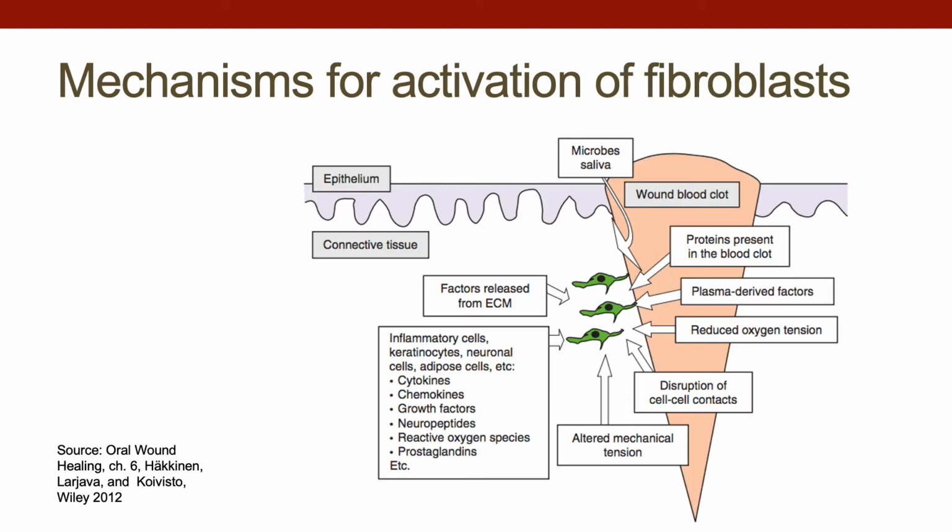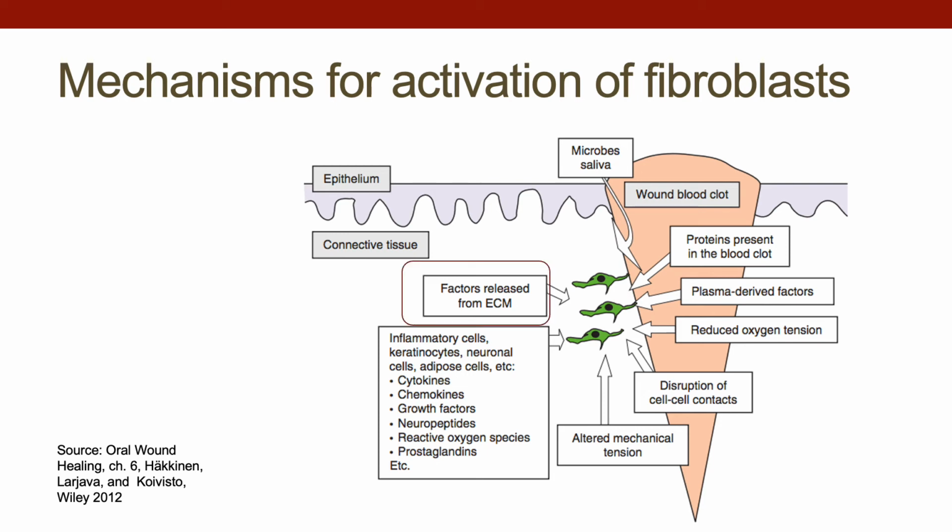And so how do these fibroblasts get activated? Here's a diagram. You can see the epithelium. You can see where the wound is with the blood clot there, and the connective tissue underneath the epithelium. Those green cells are the fibroblasts inside the connective tissue. What activates them to divide and migrate into the wound?